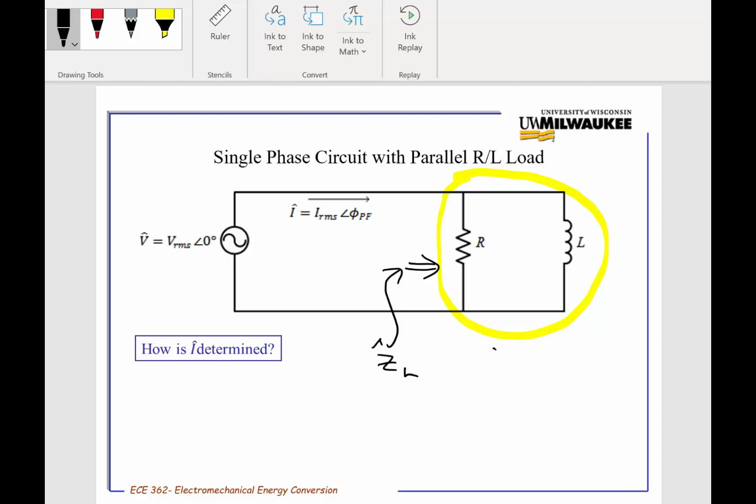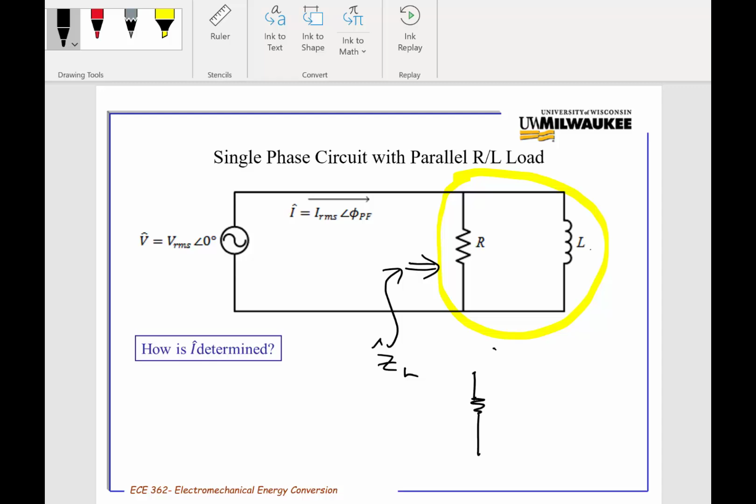I'm going to skip over one point here, and maybe when I record the lecture I can add it in. But what I'm showing is you've got an R and you've got an L here. In the phasor representation, what is this going to look like?